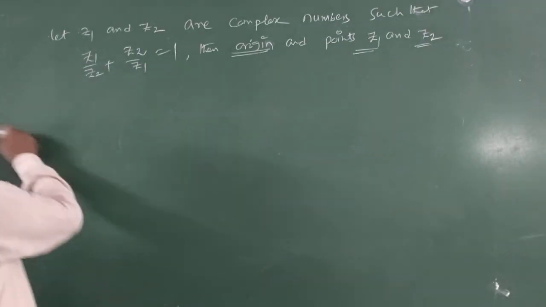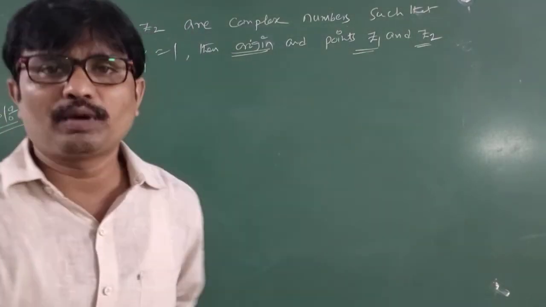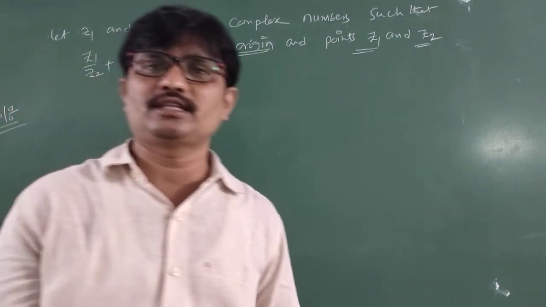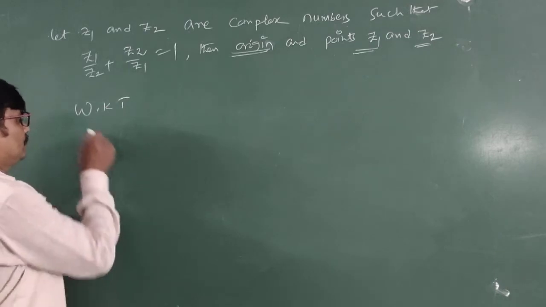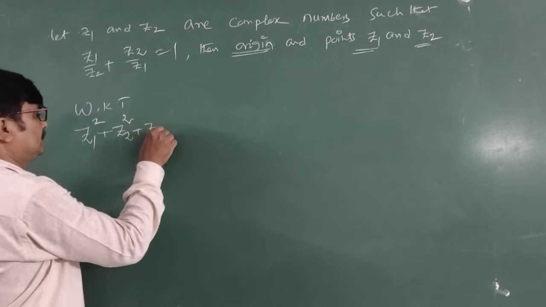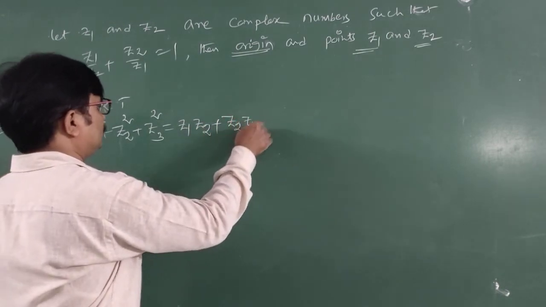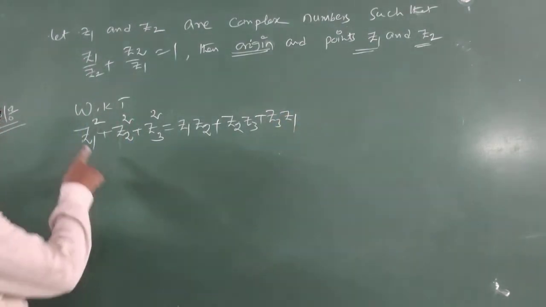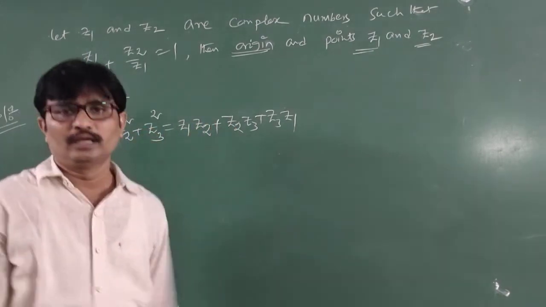Dear students, we already discussed by the Coni theorem: if Z1, Z2, Z3 are the three vertices of an equilateral triangle, then the condition is Z1 square plus Z2 square plus Z3 square equals Z1 Z2 plus Z2 Z3 plus Z3 Z1.